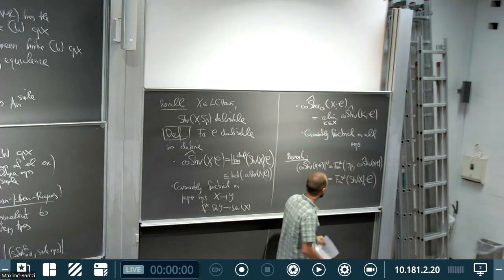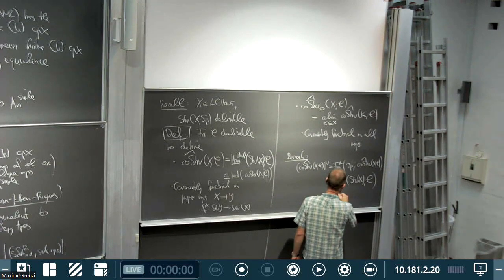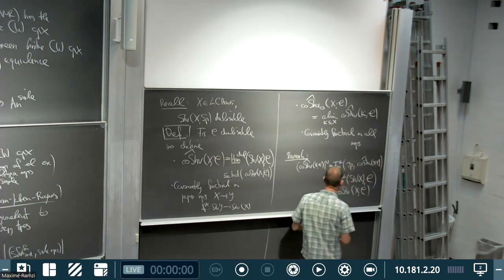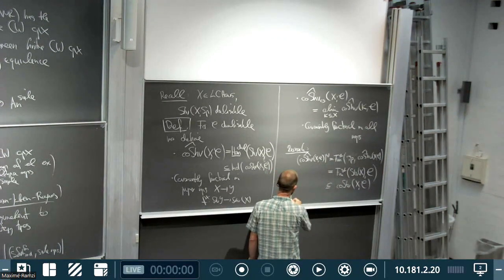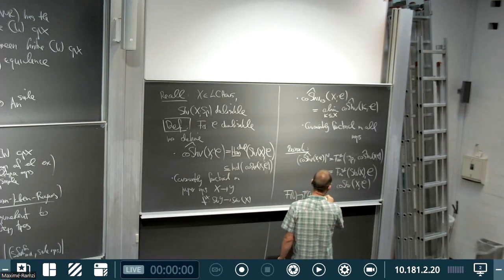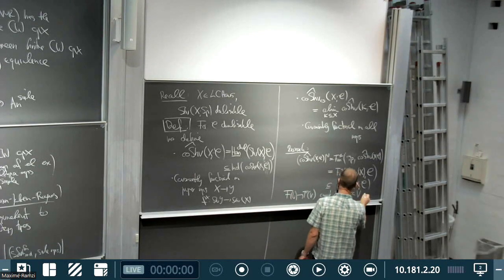It is the full subcategory of the category of cosheaves on X with coefficients in C, full on those cosheaves F which have the property that F of U to F of V is compact for U deep inside of V.